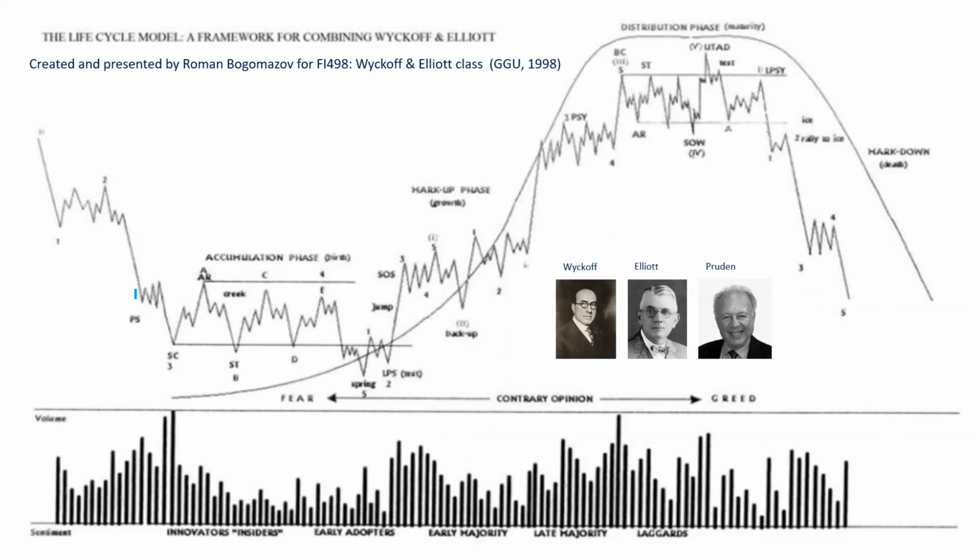So you've seen this life cycle model before. Here is an accumulation phase, which in this case goes over a long period of time. Here is the lower accumulation. Here's after the breakout. And this can be years and years of sideways trading before that uptrend begins. Now, the chart is somewhat truncated, but it shows the effects of a trend that goes on until distribution sets in and a downtrend.